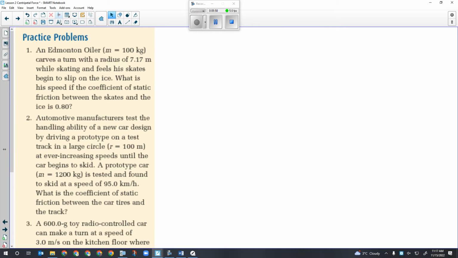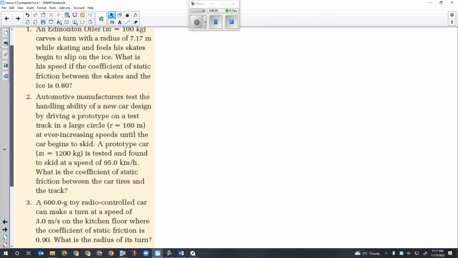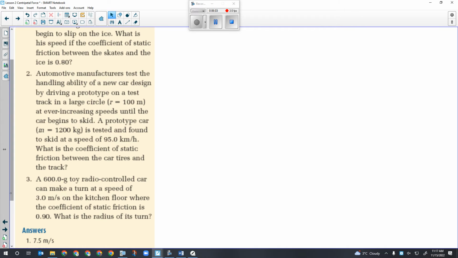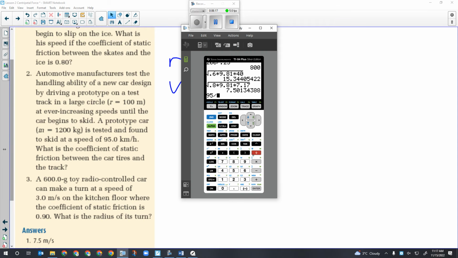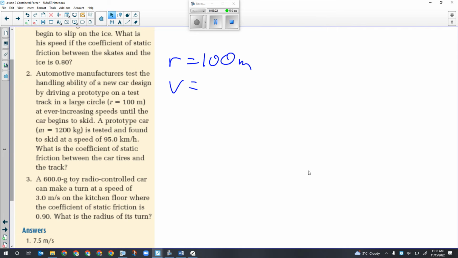So this is exactly the test we were talking about when we talked about unbanked corners, testing the handling ability of a new car design. So we know that the radius is 100 meters. We know that the maximum speed is 95 kilometers per hour, which we need in meters per second, so that'll be 26.38.